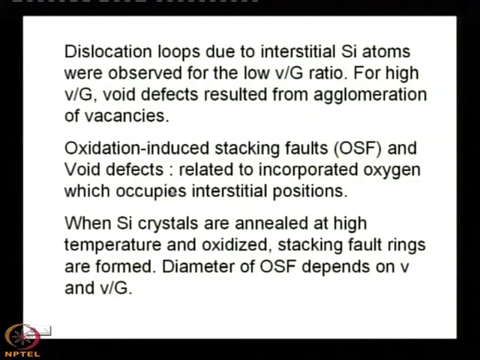Another thing is the dislocation loop, which we discussed in my last lecture, where we concentrated our discussion on dislocation. Basically there are two types of dislocation, the edge dislocation and the screw dislocation.